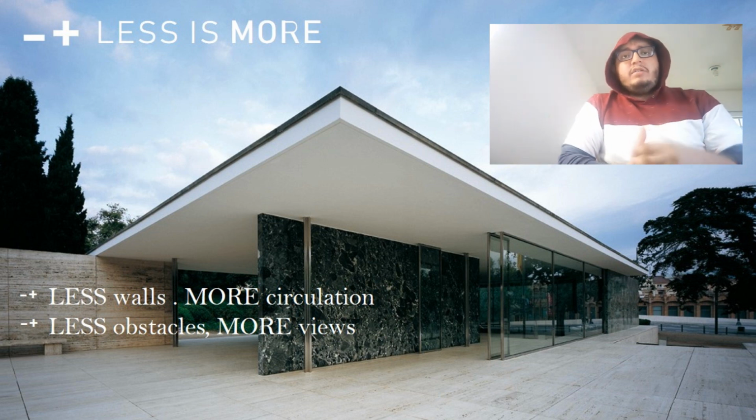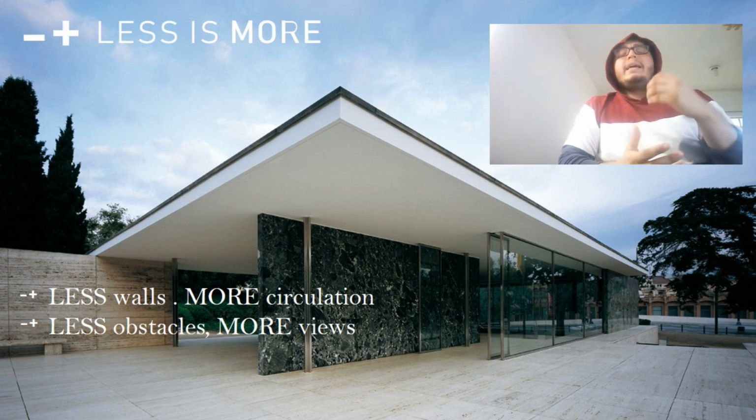The intention of the architect in this building was to prioritize the circulation and the view of the user. And the way he succeeded was building a structure with fewer walls, fewer obstacles, and we can make the reference.